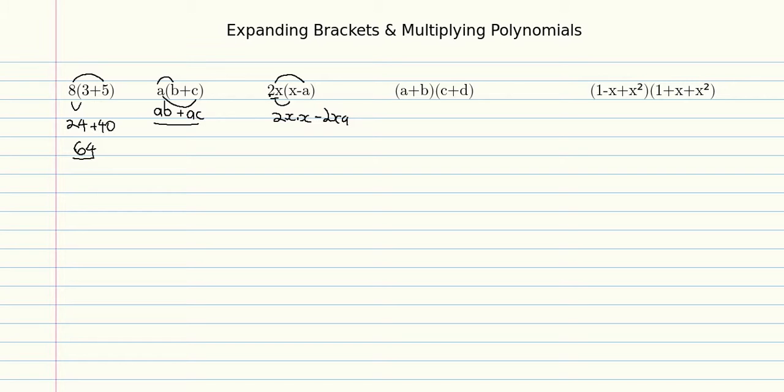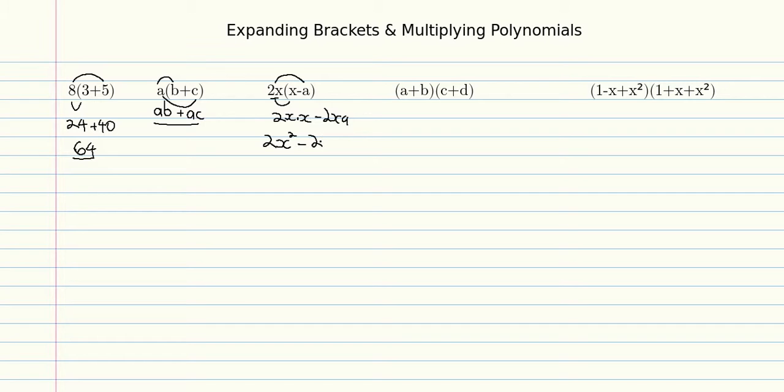Now, not only do we have to expand, it's always important after we've expanded to simplify. Okay, so what I mean by simplify is we need to make this look a little prettier, for want of a better word. So 2x times x, so x times x can be rewritten as x squared. So we would write 2x squared minus 2.